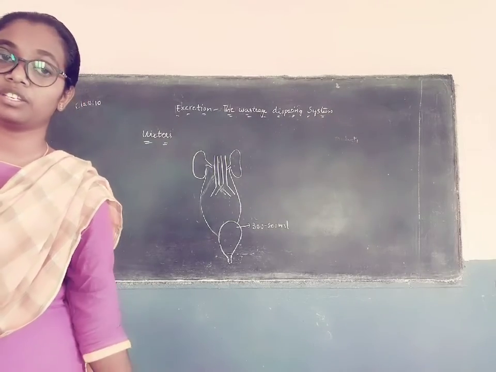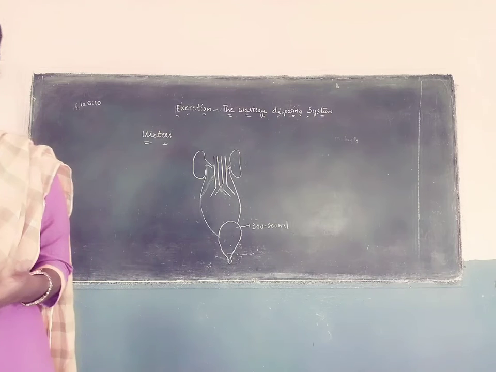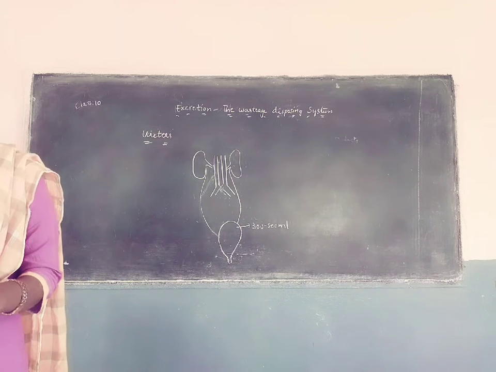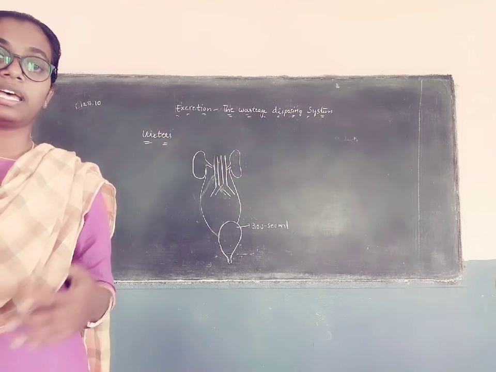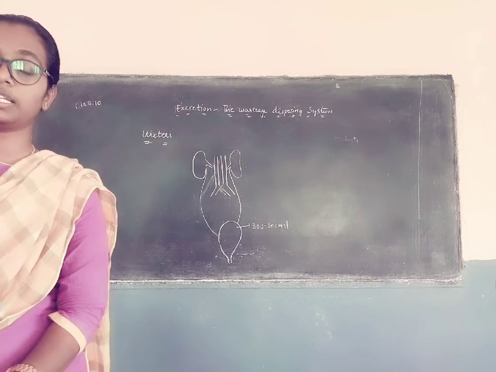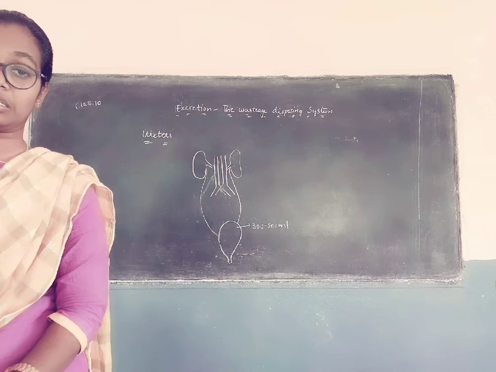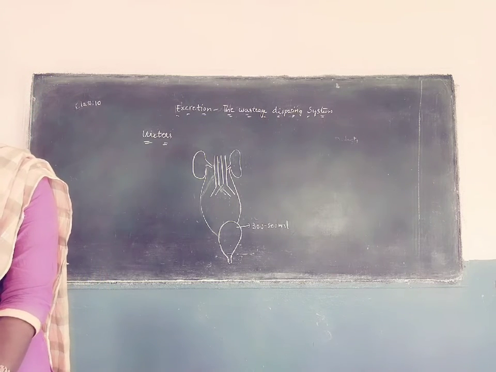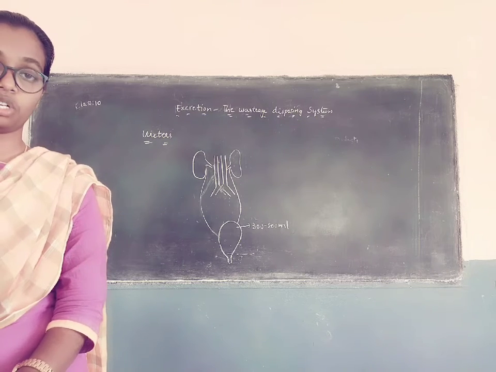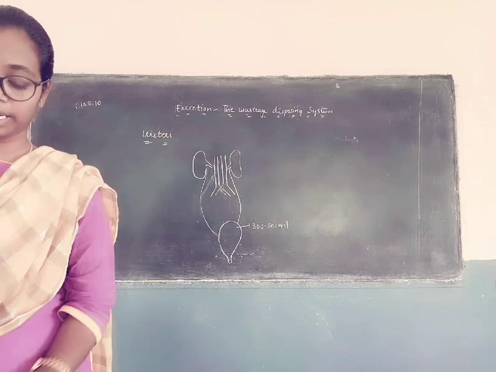When the bladder is filled with urine, both these muscles get constricted, and the upper muscle is controlled automatically, and the lower one is controlled by the brain. Okay.